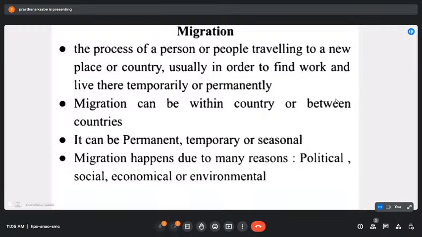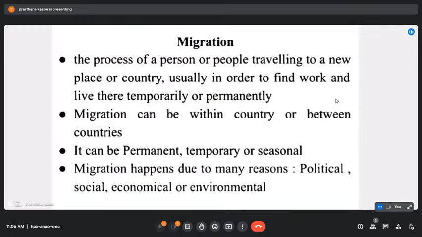So, we can say that migration can be within a country or between countries. Within a country means migration from one state to another state, or one city to another city. And between countries means we can migrate from India to America for the sake of education or career opportunity.